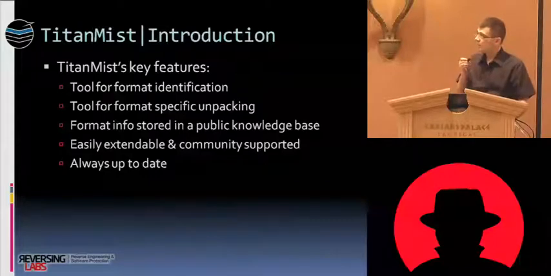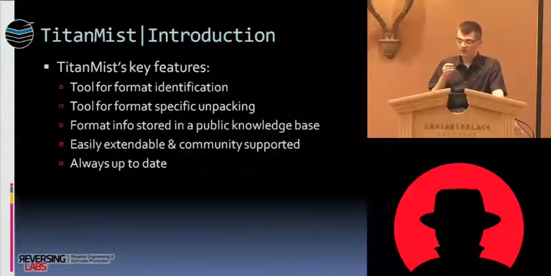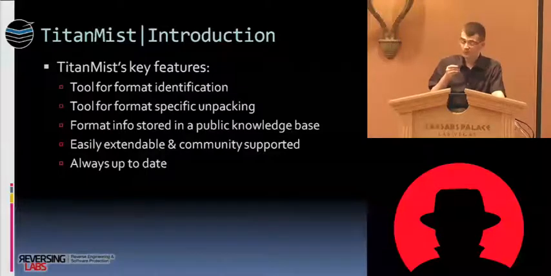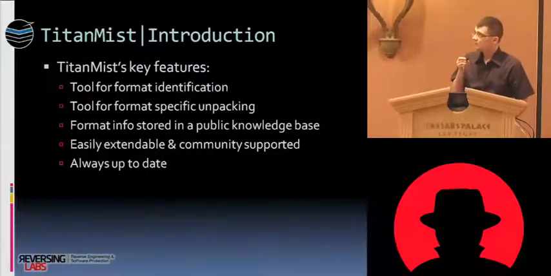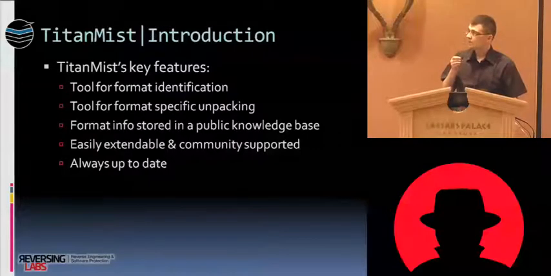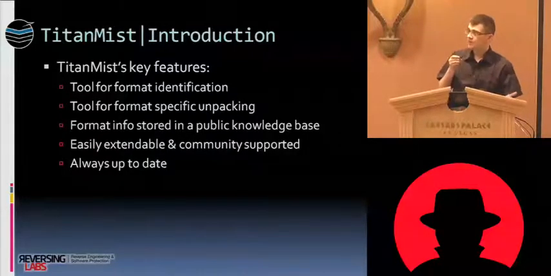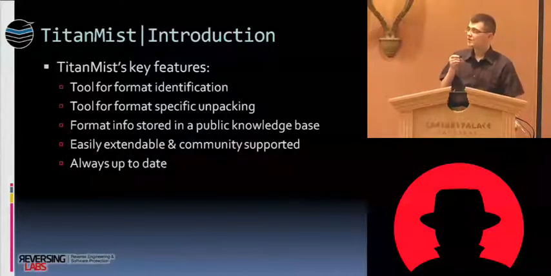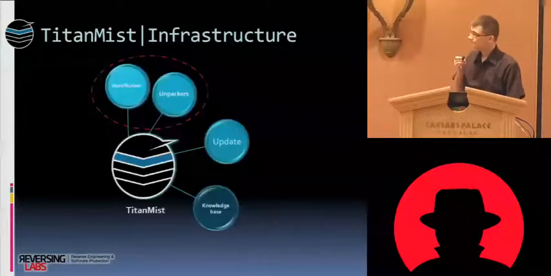So the idea behind the project is that the project itself is easily extendable and community supported. And of course, since we added an update feature to the TitanMist project, you're always up to date with your signatures and unpackers directly from our website. So as people contribute different solutions to different problems, they will be available as soon as possible.